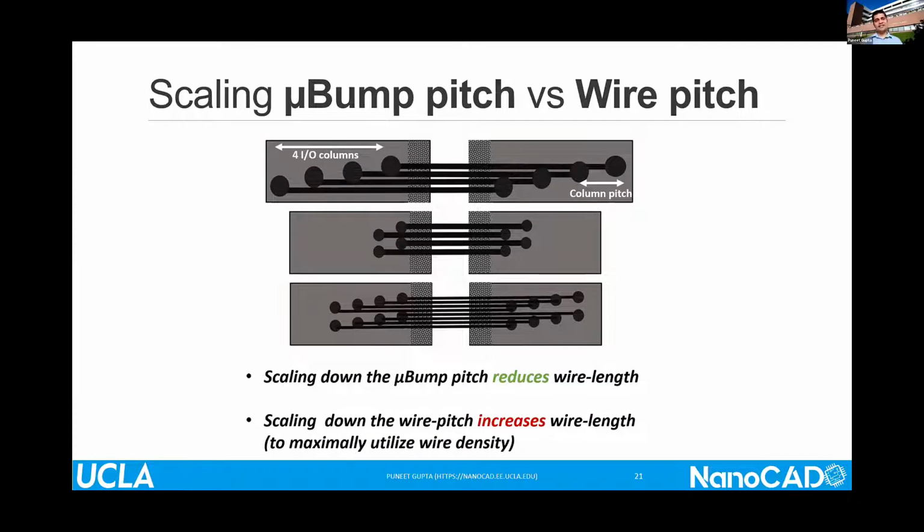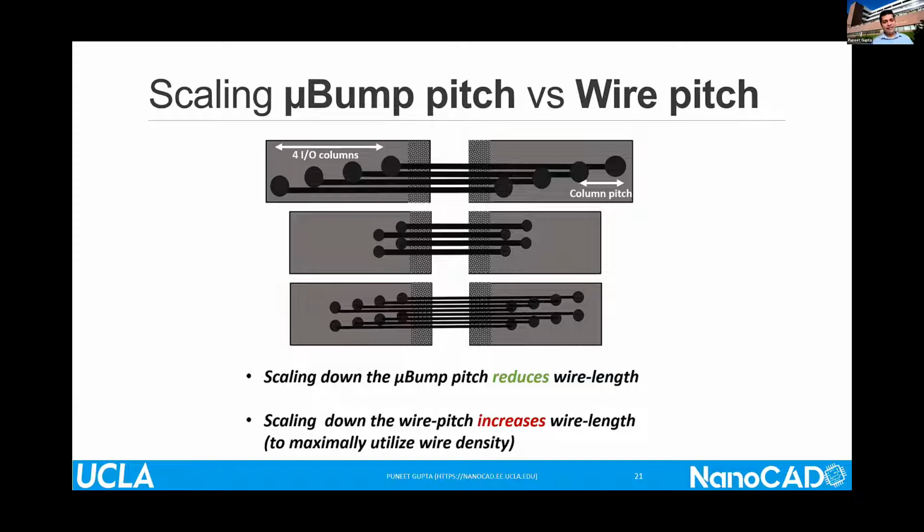First is the bump pitches. When you scale down the bump pitch, effectively it allows you more IOs, or you can pack the same number of IOs in fewer, quote unquote, IO columns. That reduces the worst-case wire length that needs to be driven.